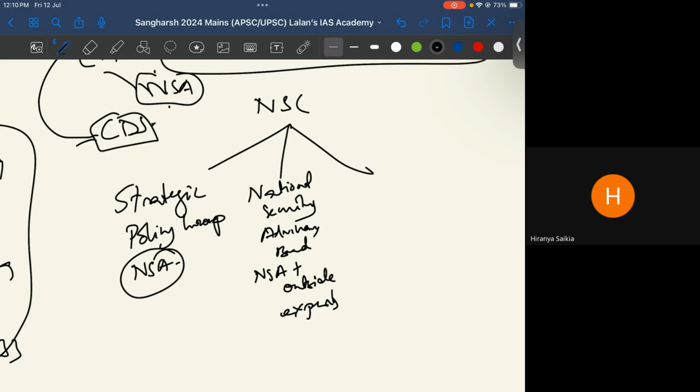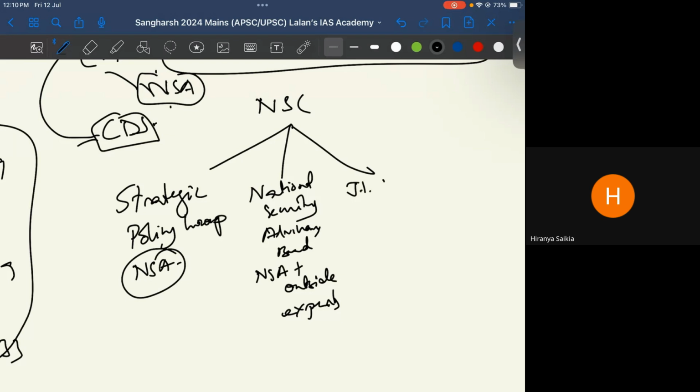The third wing is the Joint Intelligence Committee. As the name suggests, it is supposed to analyze intelligence and data from IB, RAW, military, naval, air force, each with their own analysis. So it is kind of a single point organizer for all intelligence. It is not the head of intelligence, but it integrates the intelligence that you get from various internal as well as external sources. For internal we have IB, for external we have RAW, and army intelligence.